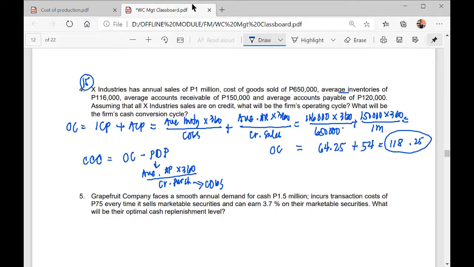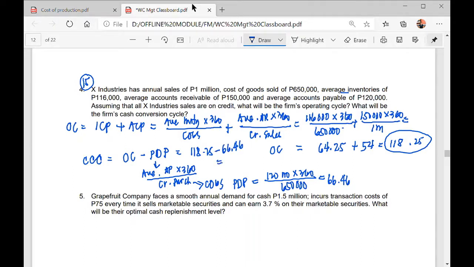So let's compute first the payable deferral period. What is the answer? That's 120 times 360 over the cost of goods sold, which is 650. Okay? How much? Okay, very good. That's correct. So therefore, this is 118.25 minus 66.46.